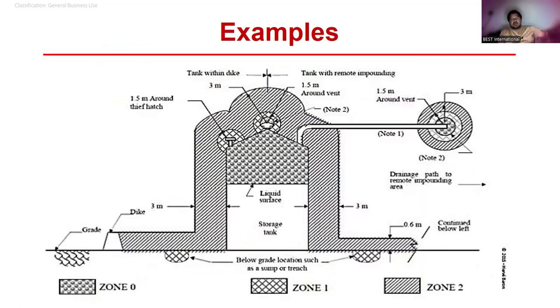This is another example, even with distances like 1.5 meter and 3 meter. If we talk about zone 0, find out in the diagram where zone 0 is. The same bubbles, this is zone 0. And where is zone 1? Wherever we have vent holes, or around the thief hatch of a tank, within 3 meter or 1.5 meter around the vent, or if auxiliary is going onward, around the vent up to 3 meter, that's also called zone 1, because liquid is going directly here.